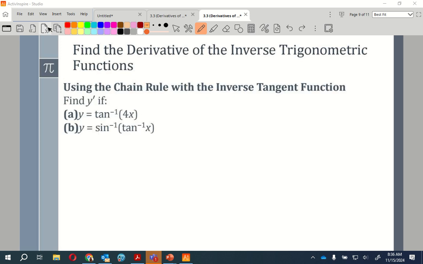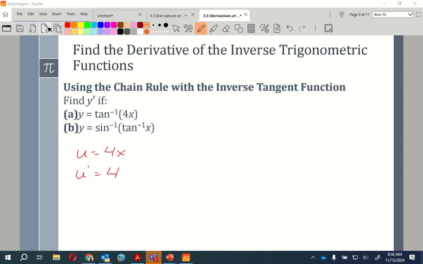So right here, inverse tan of 4x. All right, soldier boy, what am I doing here? U. All right, so let's do A right here. So we're going to say that U is equal to my 4x. U prime is 4.